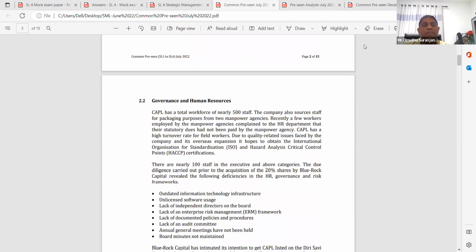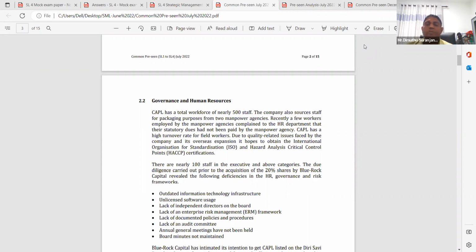So how many employees do they have? They have nearly 500 staff. Then the company also sources staff for packaging purposes from 2 manpower agencies. Recently what has happened is, the manpower company has some concerns. These employees have complained that they have not been paid their statutory payments like EPF, ETF.